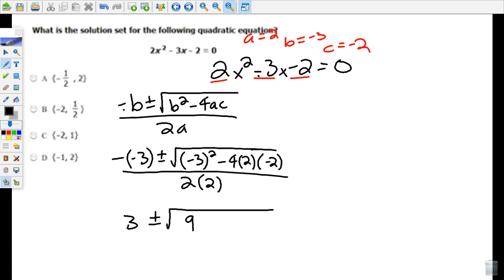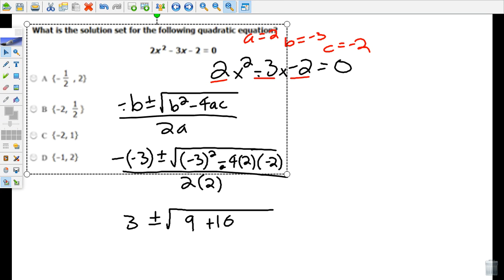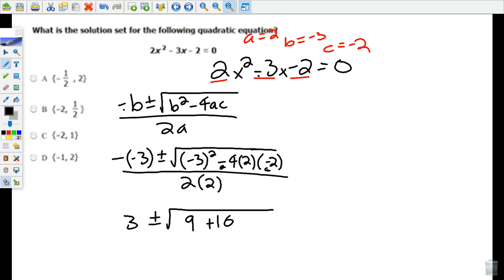The 4 times 2 times negative 2, that'll be 8; you can just type that in the calculator. 8 times negative 2 is a negative 16. It's going to become a plus 16 right there, because this negative and this negative combine to make a positive. Your calculator will show you that. And then 2 times 2 is 4.